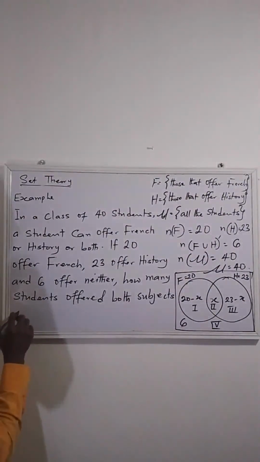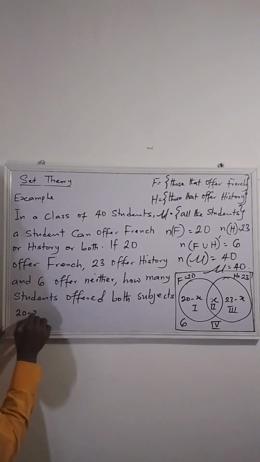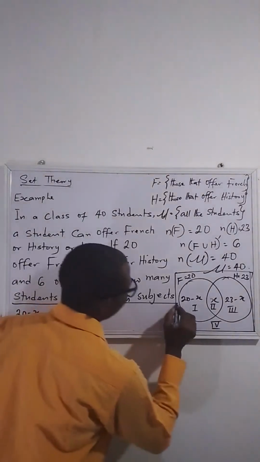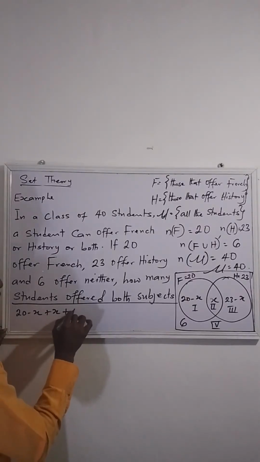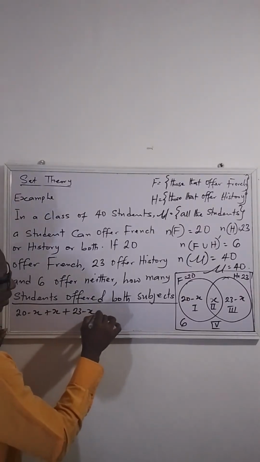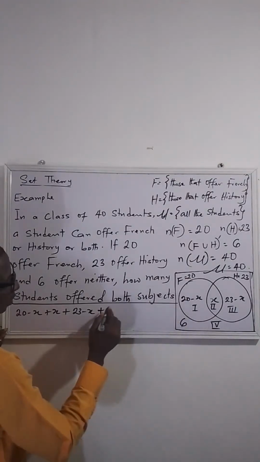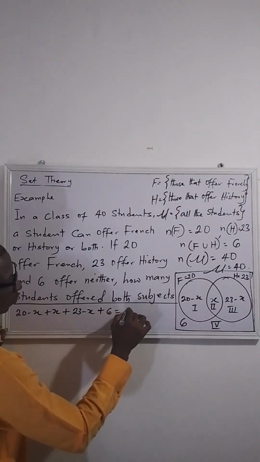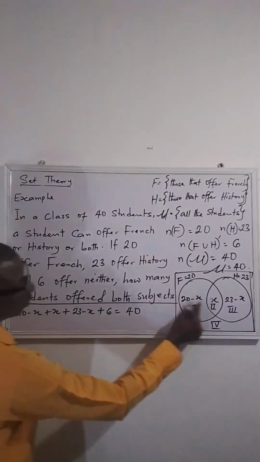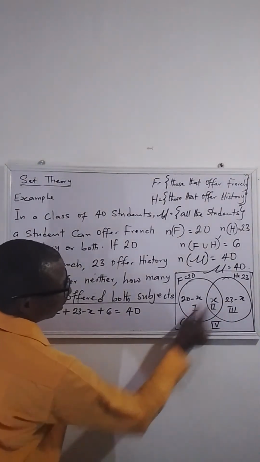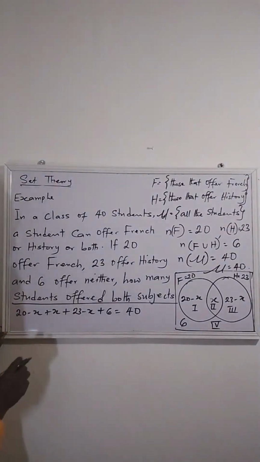So we have 20 minus x plus x plus 23 minus x plus this one, the 4th part, 6, is equal to 40. This plus this plus this plus this equals 40. So now, let us add all the numbers together.